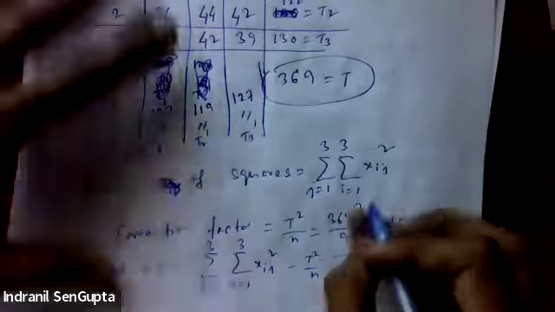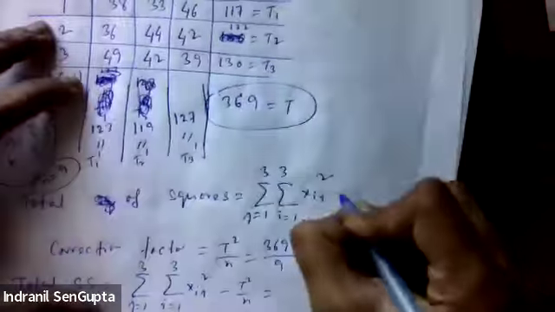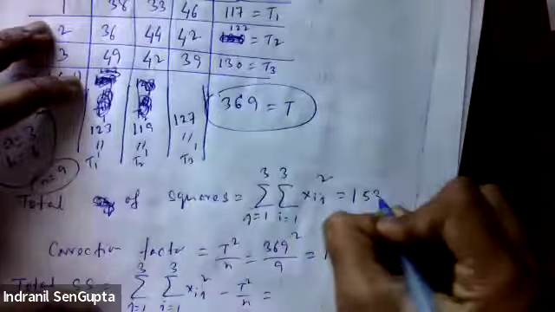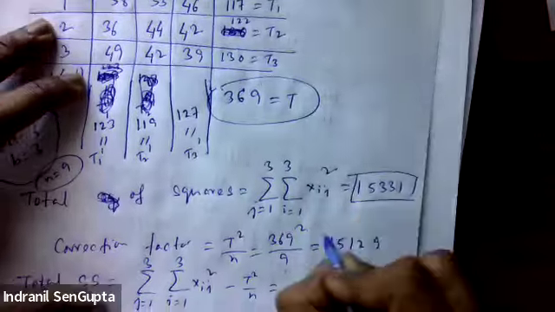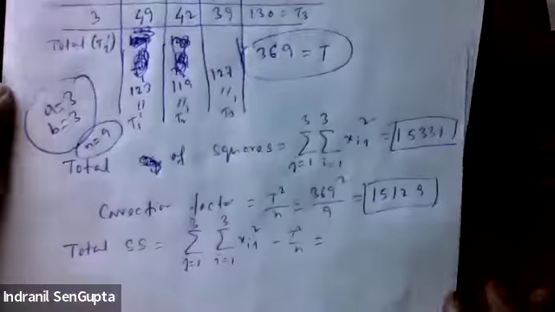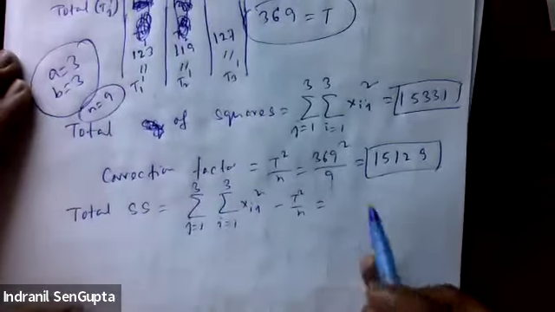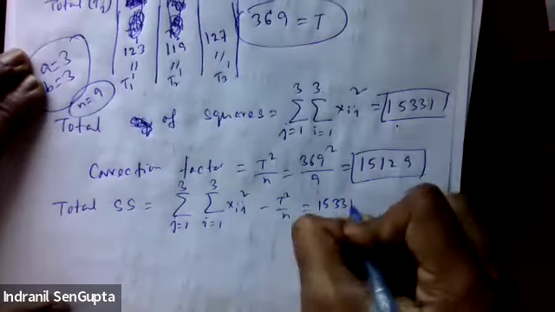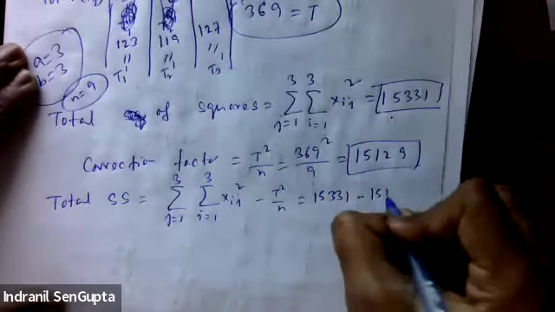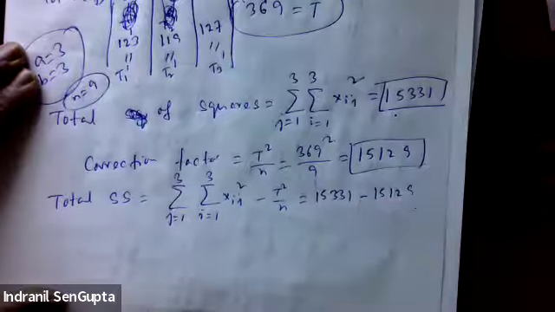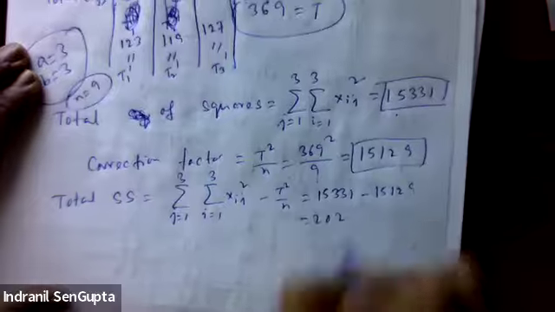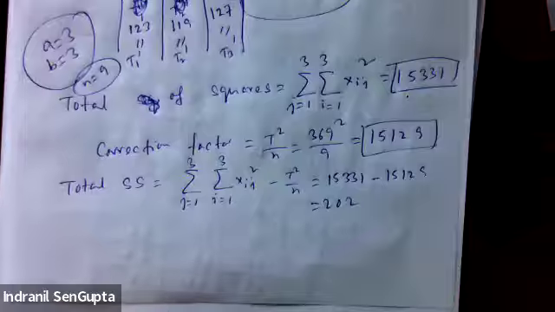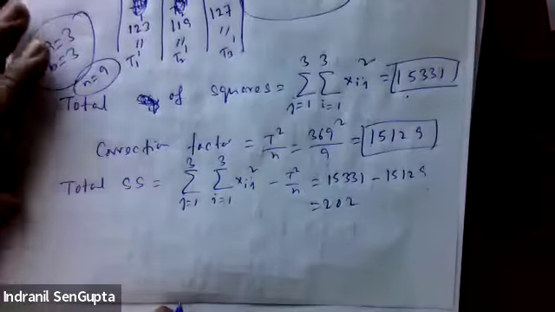No, it seems like I didn't compute it. So let's do it. This number is 15331. It's a big number because, remember, that's the advantage of reducing those numbers. Then you would get a smaller number here. So this one is 15331 minus 15129, which is 202. So that's the total sum of squares.